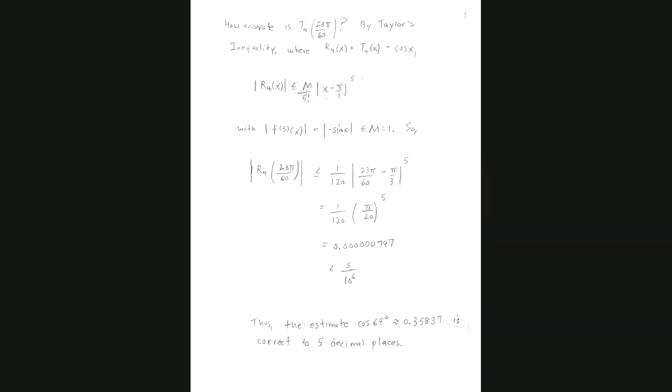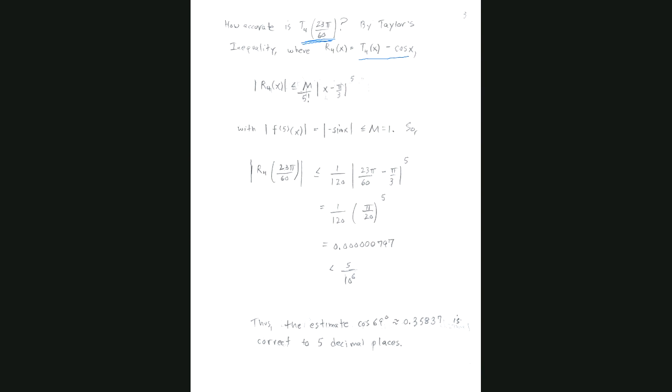Okay, how accurate is this value, this approximation, T4, the fourth degree Taylor polynomial evaluated at 23 pi over 60? Well, again, by Taylor's inequality, we're trying to get a bound on the error, which is the difference between the fourth degree Taylor polynomial and the cosine of x.